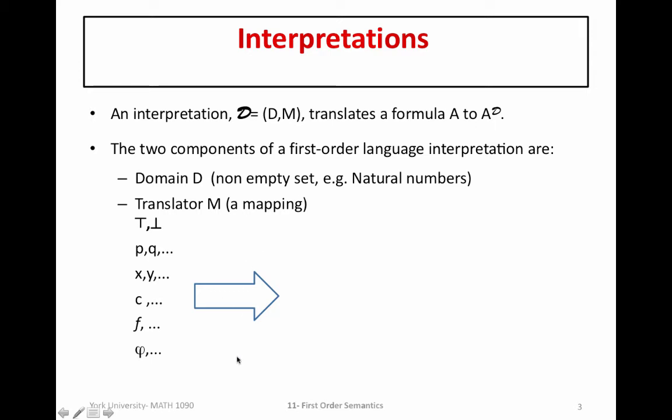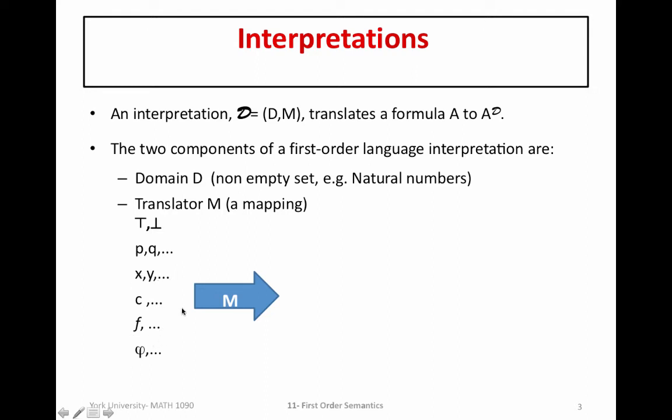So let's look at how this translator map is defined in general. So we apply the translator M to various members of our alphabet in our logic: top, bottom, Boolean variables, object constants, functions, and predicates.